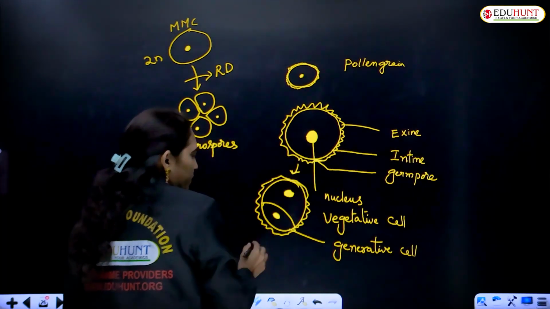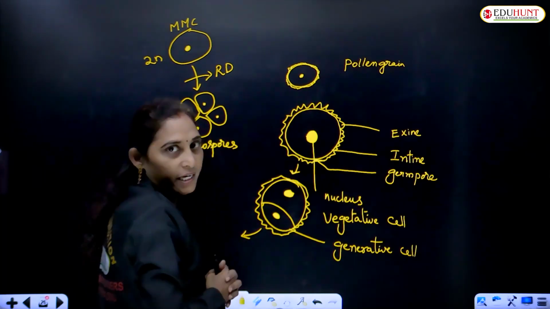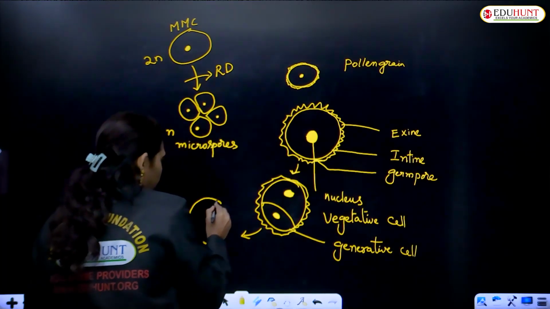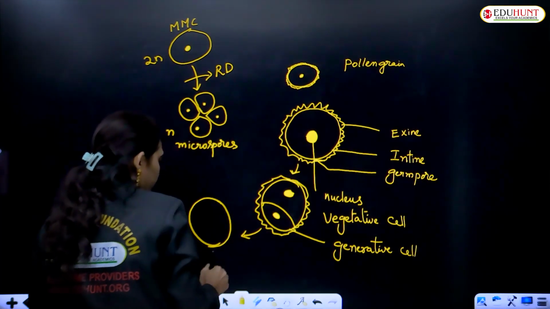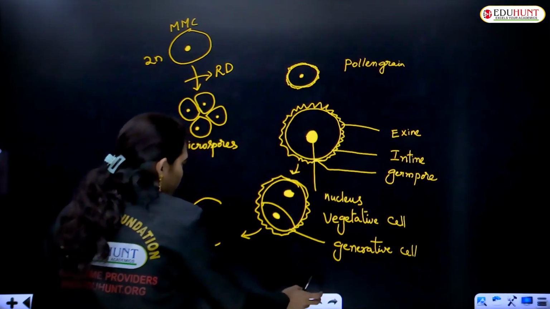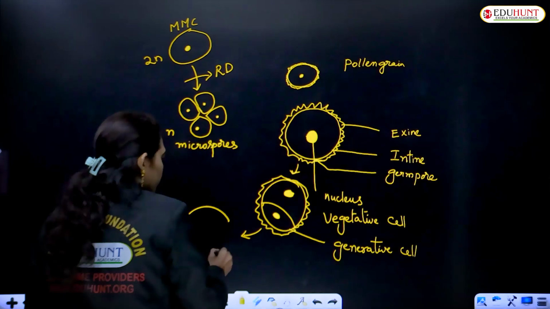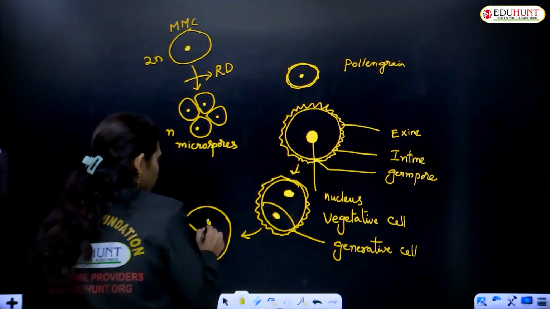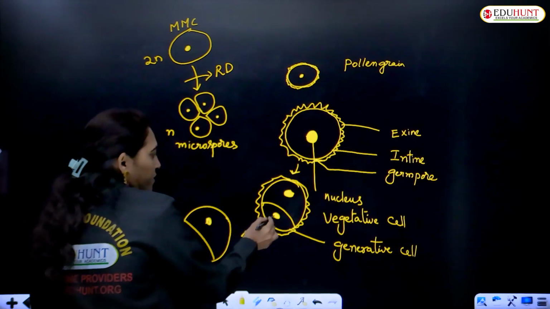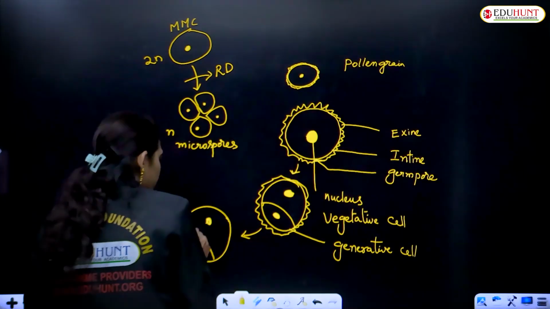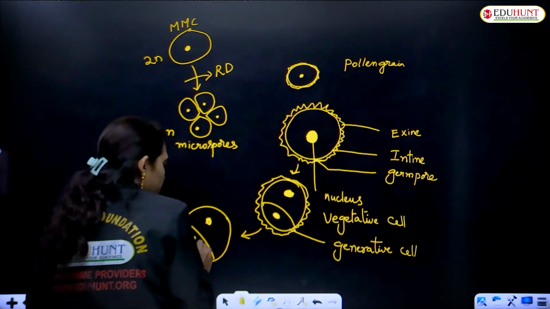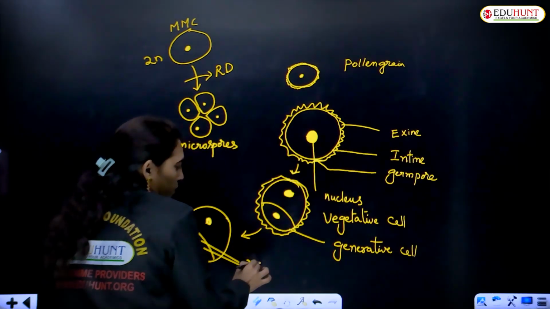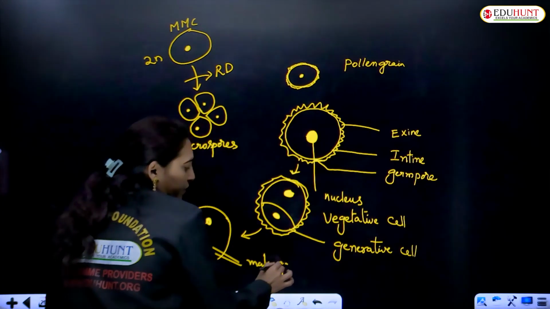That is after the first division. After the second division, the nucleus of this generative cell undergoes one more division and produces two male gametes.